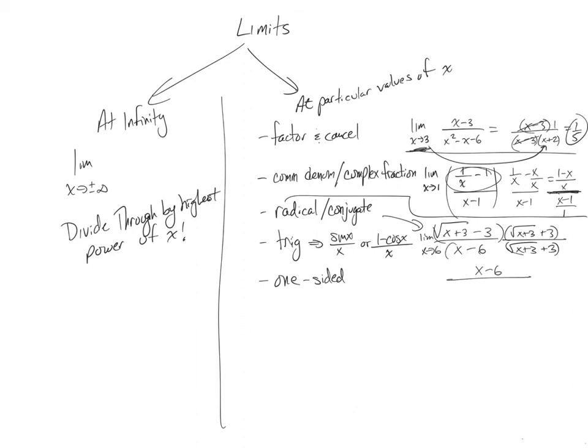In the bottom, do not FOIL this out and do x times this and x times the 3 and negative 6 times that and negative 6 times 3. Just leave it as x minus 6 times root of x plus 3, because you get to cancel those. Then you're left with 1 over that. Do direct substitution, put your 6 in there, and you're going to get 1 over the square root of 9, which is 3, plus the other 3, and you get 1/6.